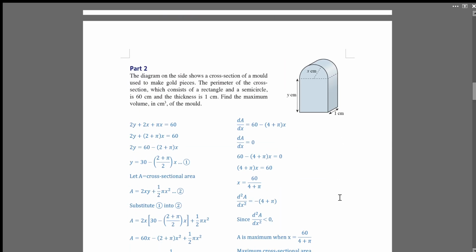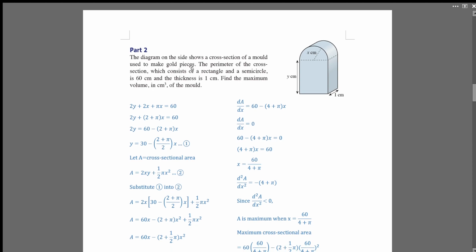For part 2, I'm going to solve the first question. This question is about finding the maximum volume of the mold. The mold is used to make gold pieces. First I analyze the question and get the information that the perimeter of the cross section is 60 cm.